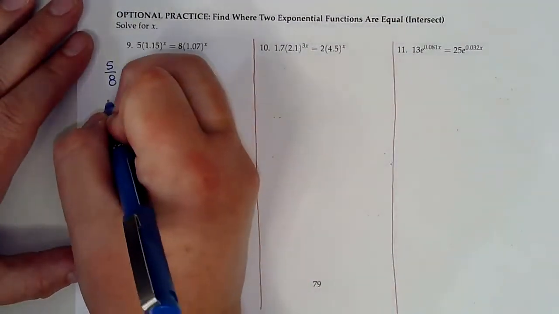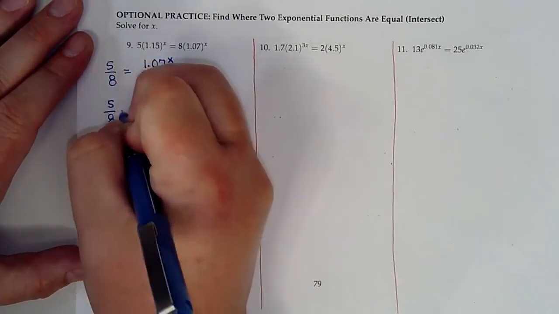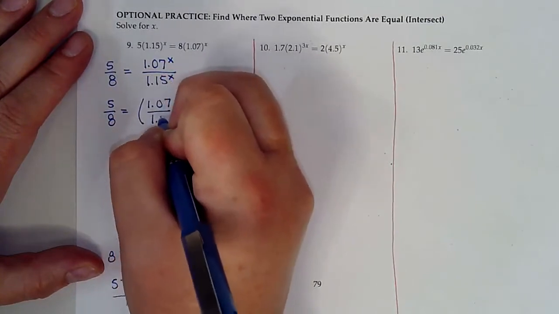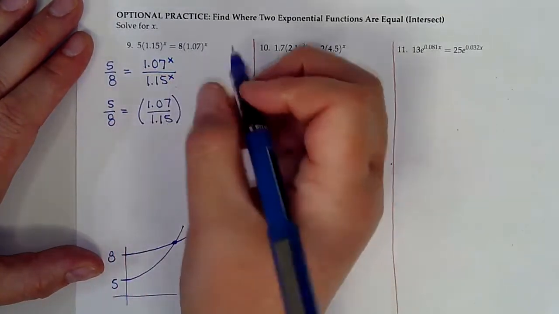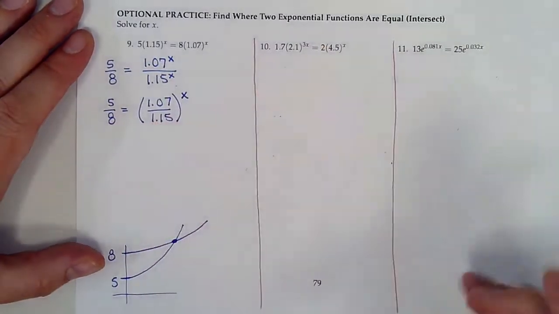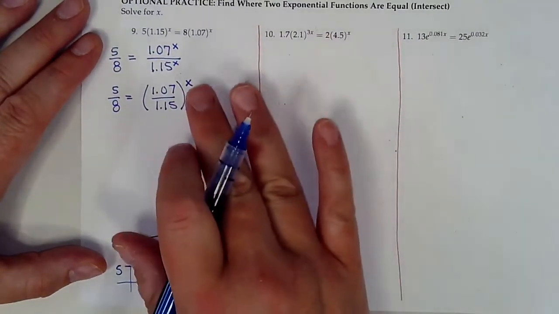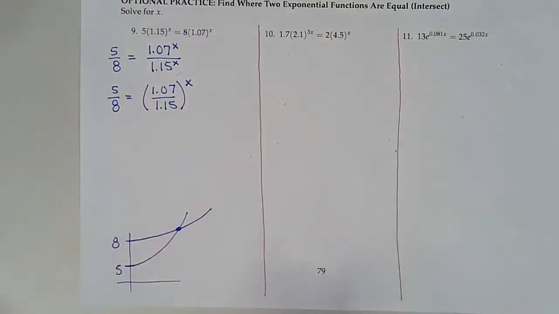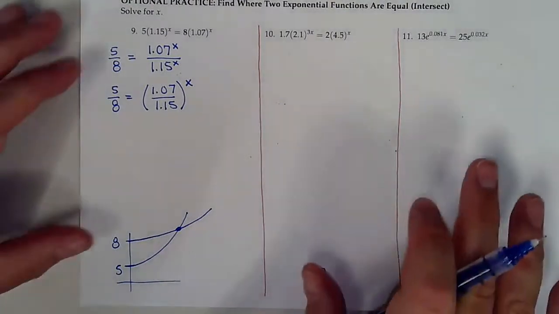And then I'm going to use a property of exponents that's going to allow me to rewrite this as 1.07 over 1.15, all raised to the x. And the reason I want to do that is now that I have this x in the exponent for just one of these, I can apply a logarithm to both sides and bring that x down in front.